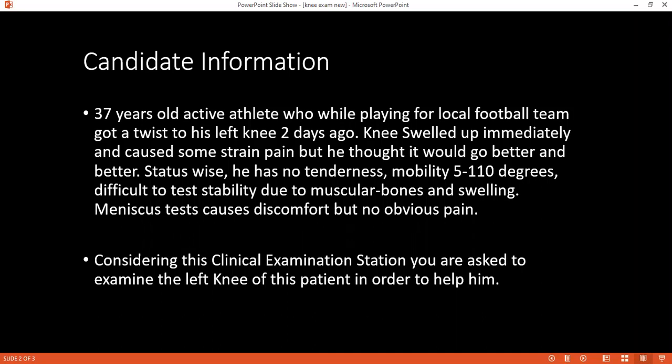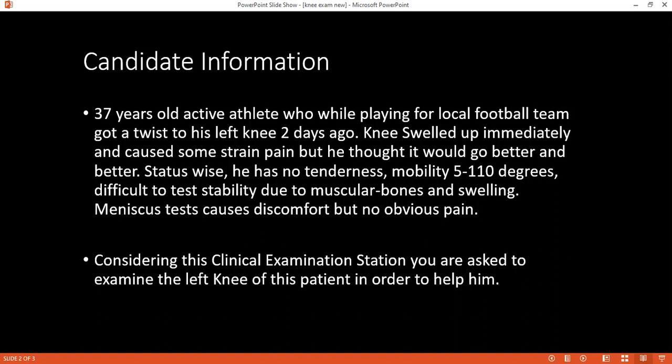Then I will extend the knee and do the valgus stress test and the varus stress test to check for the medial collateral and the lateral collateral ligament injury respectively. I will first do it with the knee straight, and then flexing the knee about 20 to 30 degrees and assess both of these ligaments.